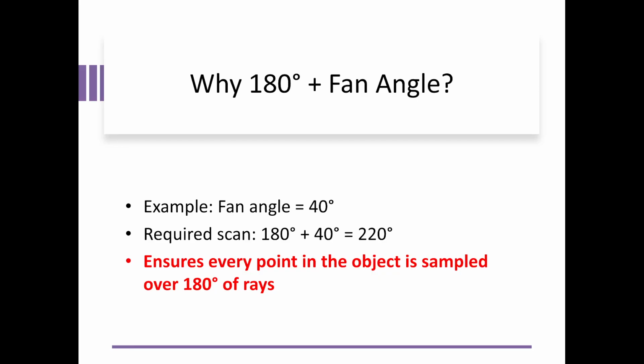By adding the fan angle, you ensure that every single point, even those at the edges of the field of view, is fully sampled. For example, if the fan angle is 40 degrees, then we need 180 plus 40, which is 220 degrees of scan.